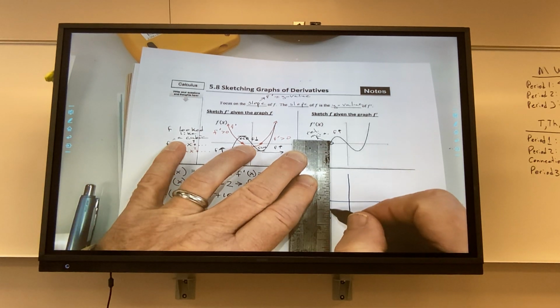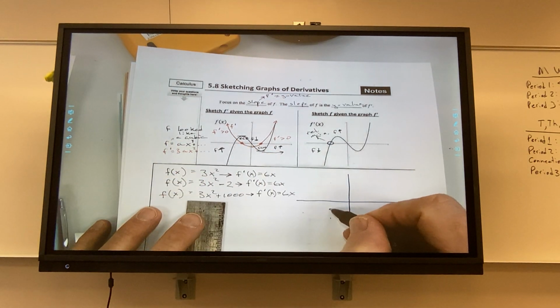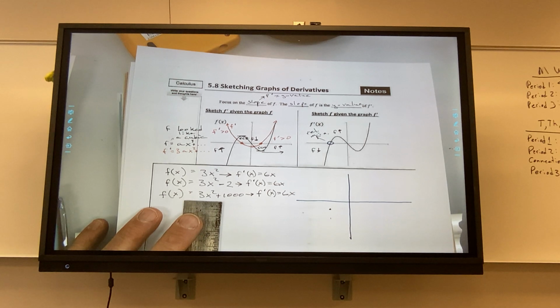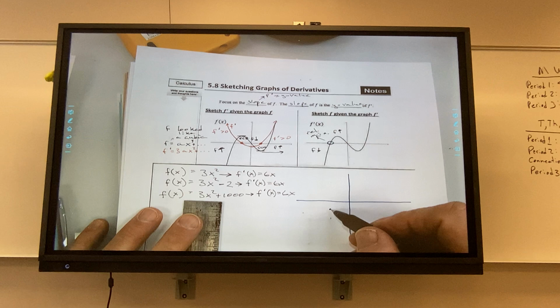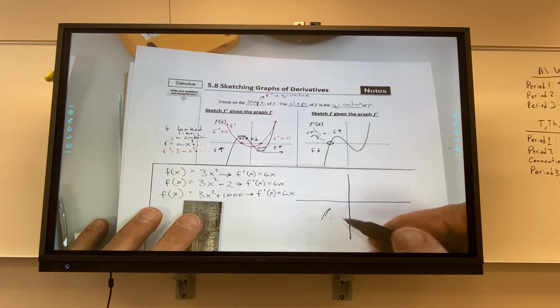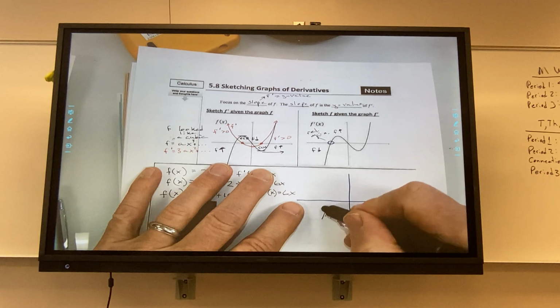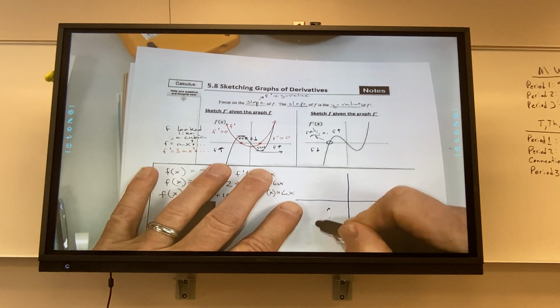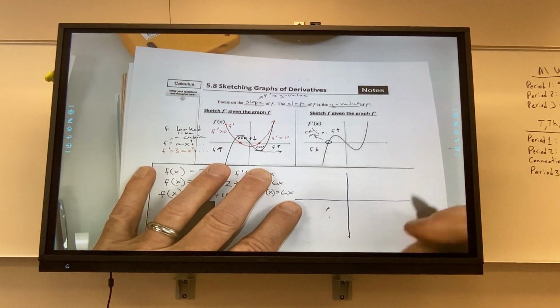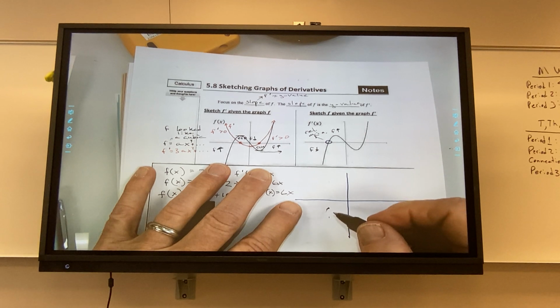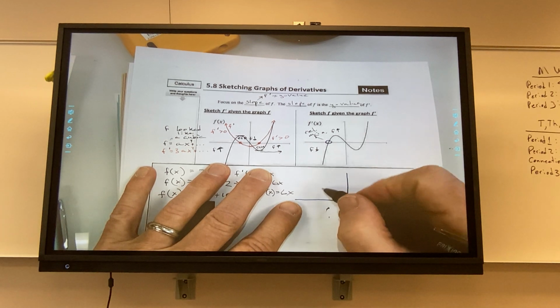I'm going to put it here. Why? I don't know. I like it. And it's a relative min. So I know I have this, right? I want it to look a little curvy. Oh, excuse me, it's a relative min, it's going down.